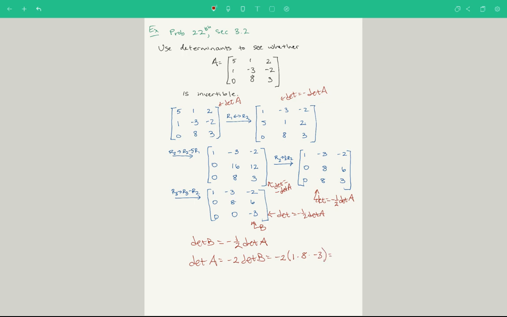So let's see, 8 times -3 is -24, times -2 would give us 48. In particular, this problem didn't want us to find the determinant. It wanted us to see whether A was invertible. And this determinant is 48, which means it's not 0. So that means that our matrix A is in fact invertible.